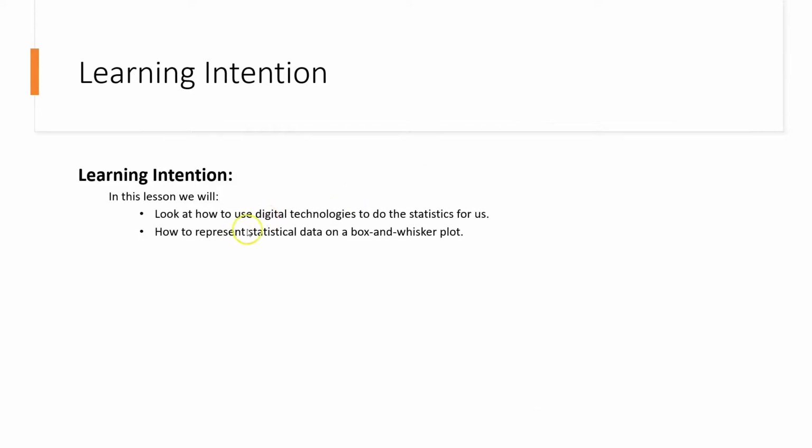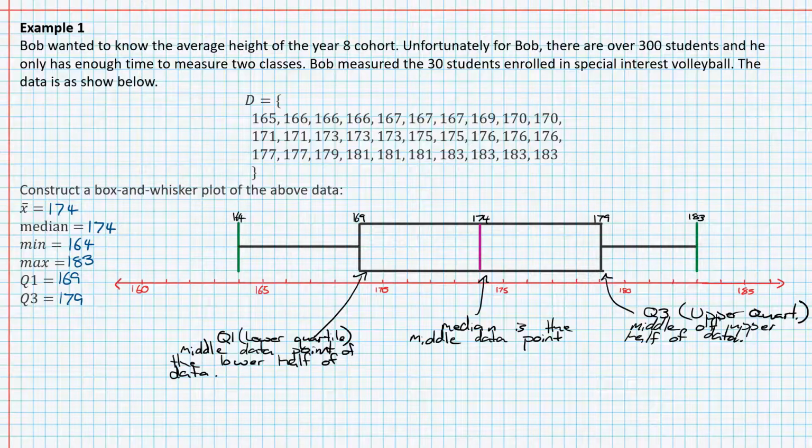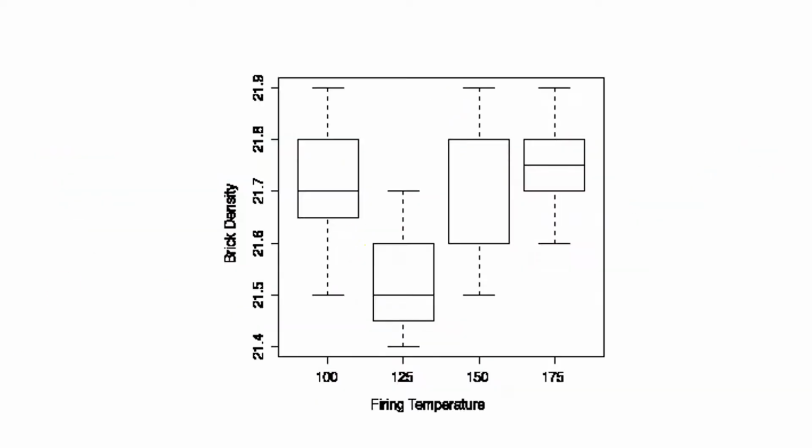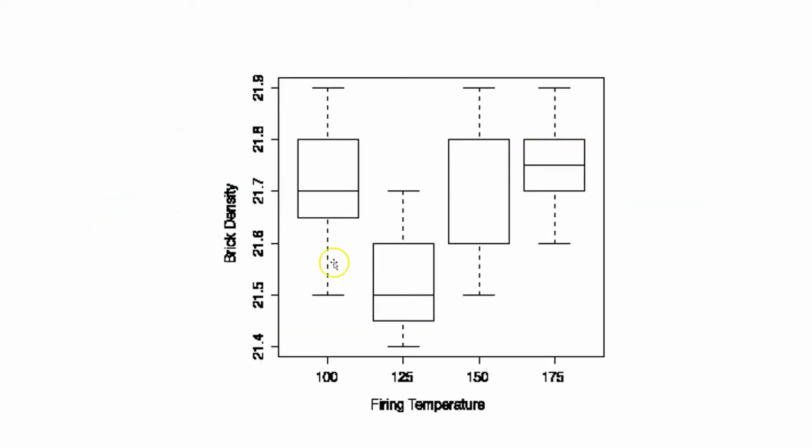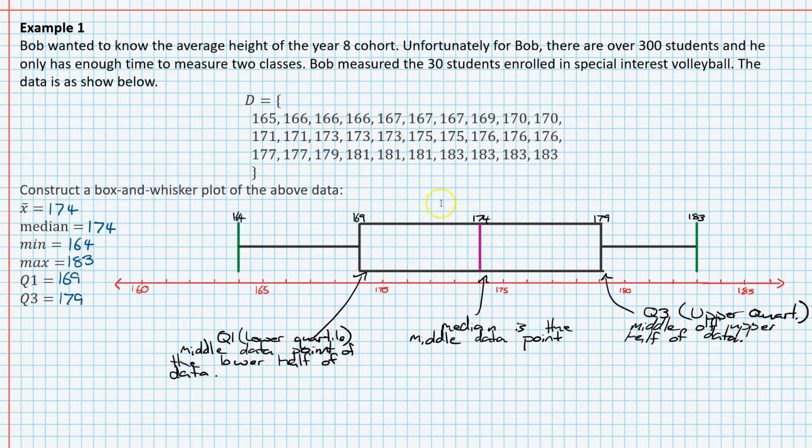And then secondly, we looked at how to represent our data using a box and whisker graph. So these sort of things. By now, you should be able to use your calculators, should you have one, to process statistical data, and you should be able to not only read but also construct these beautiful box and whisker plots.